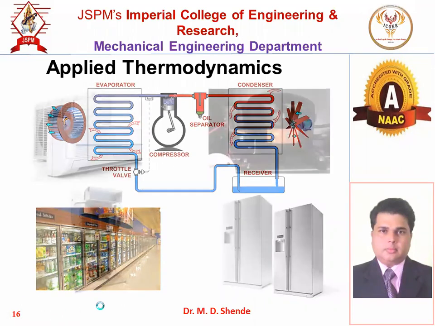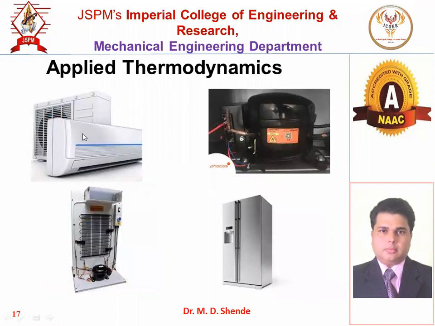Okay, this is a split AC. The evaporator is inside the room. This is called an evaporator, which is inside the room, and this is the compressor and condenser, which is outside the room, because it is giving off heat and that will be given to the atmosphere. This is the compressor.